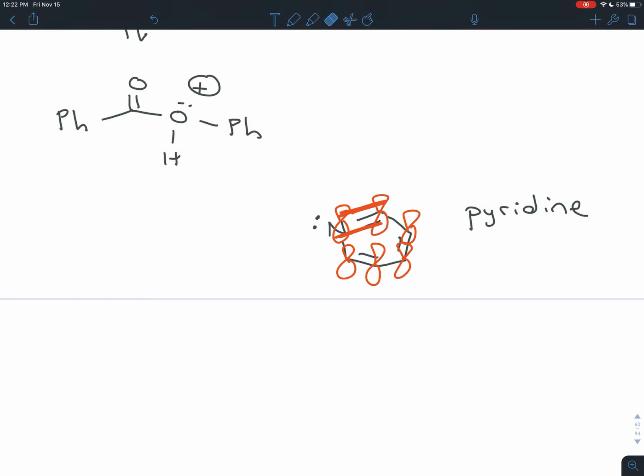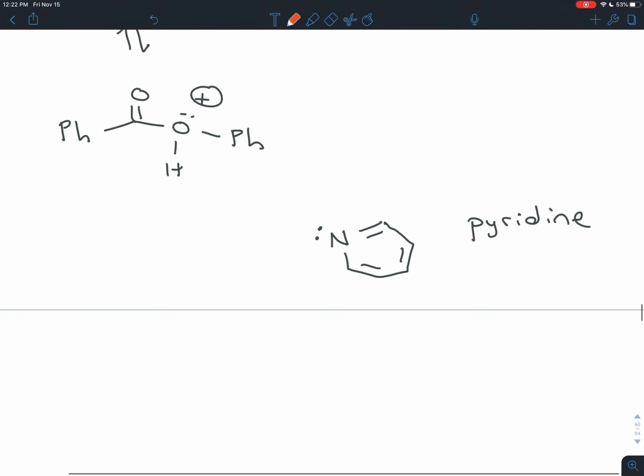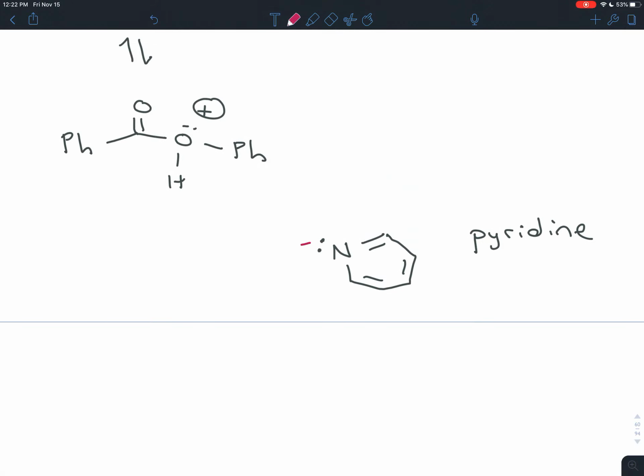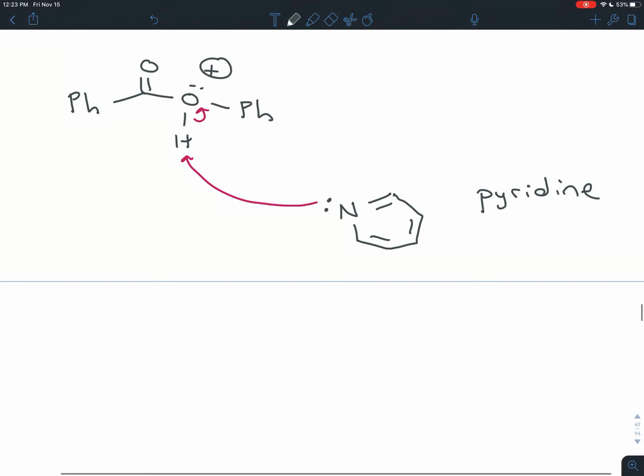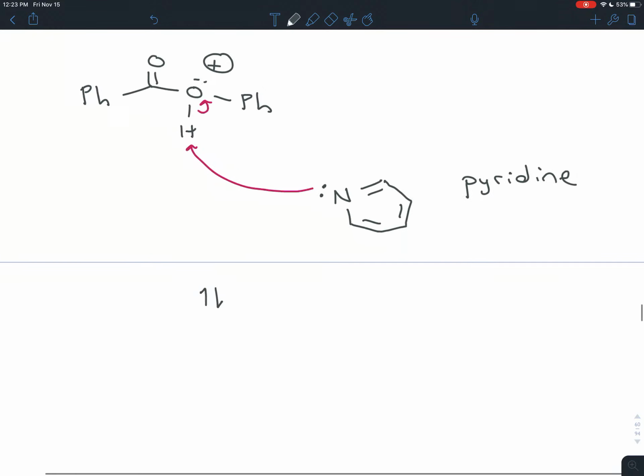So they're basic. In other words, they're able to accept H pluses, just like ammonia would. So pyridine can act as a base, accept this H plus, kick the electrons back, and you end up with the product that we had before.